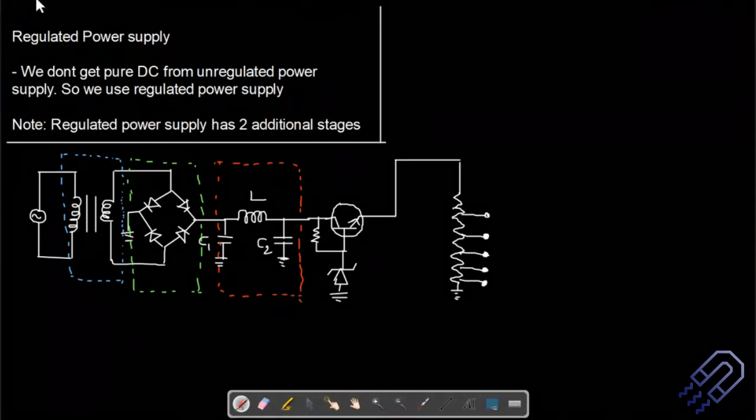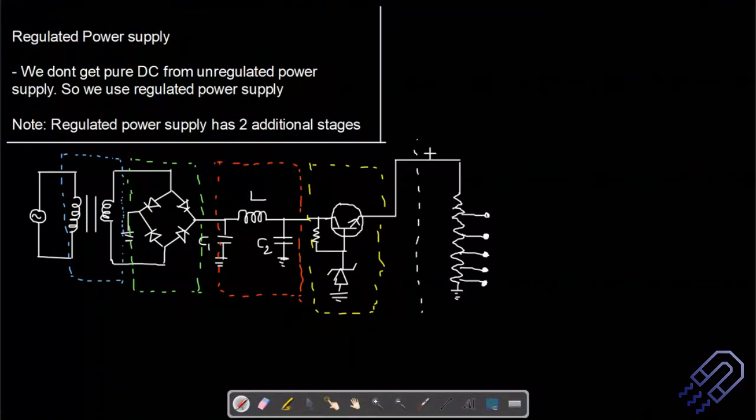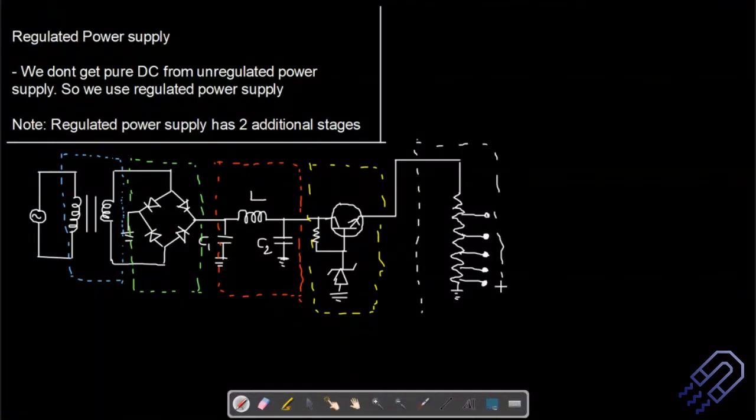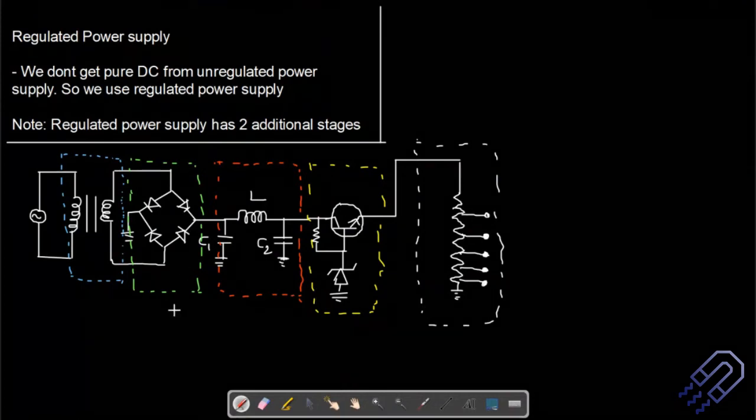The other two stages are separated this way. This is the fourth stage, and finally we have got the fifth stage. With these I think we can just mark them.